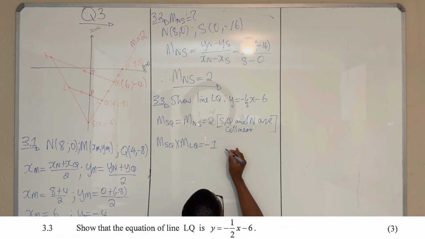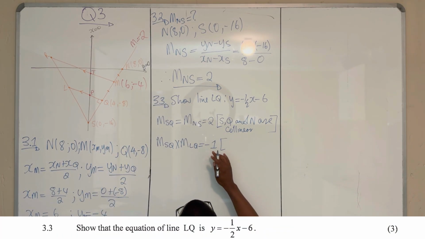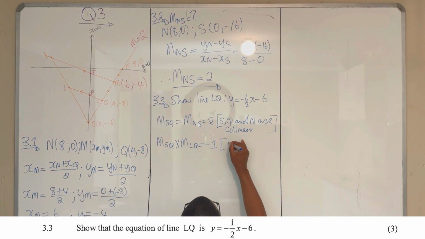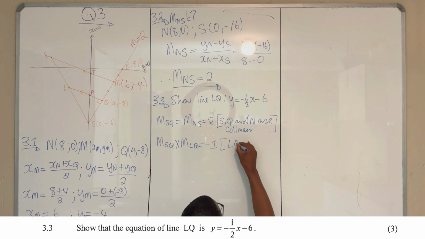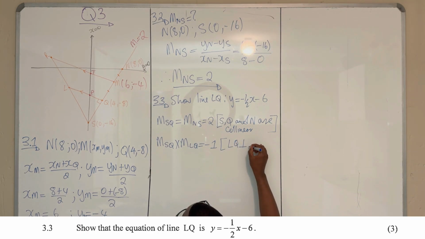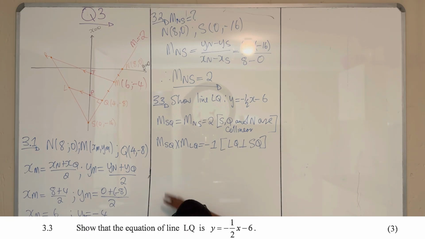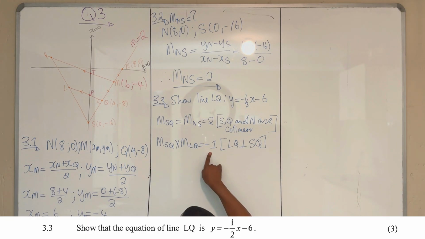You get this condition if the 2 lines in question are perpendicular, and you're given that LQ is perpendicular to SQ. That is why we know the product of the 2 gradients will give us minus 1.